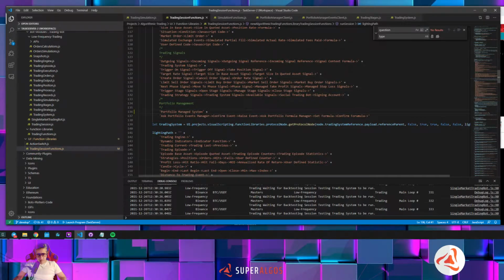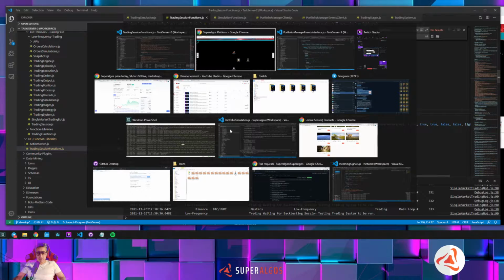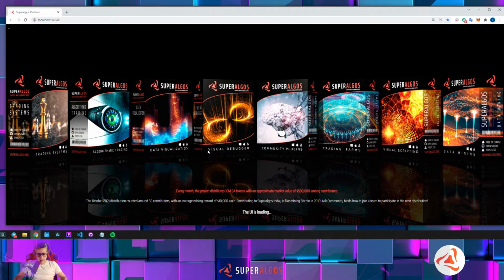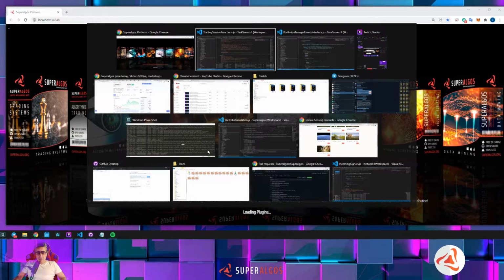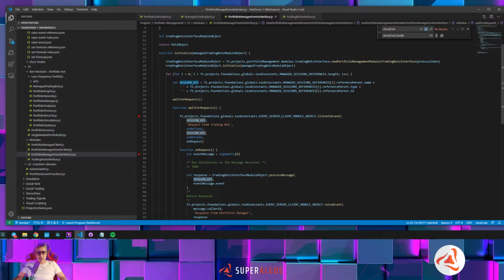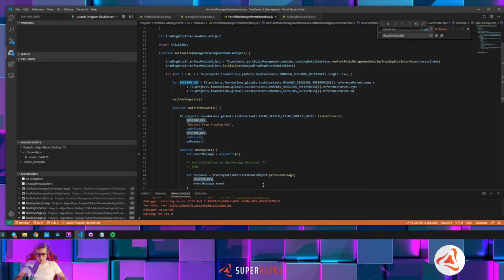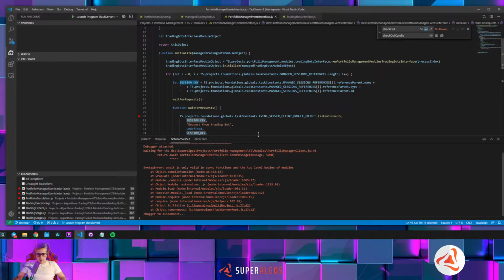Portfolio managed system. Okay, we'll need to refresh the UI again. And then we are going to run both of these guys from here. Run. Okay. And we'll start solving the problems we have.